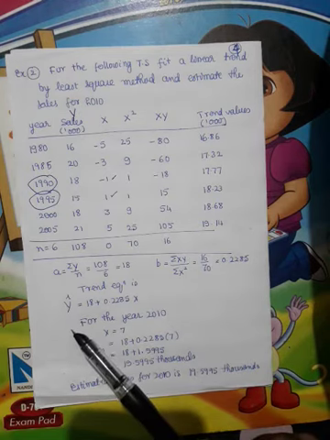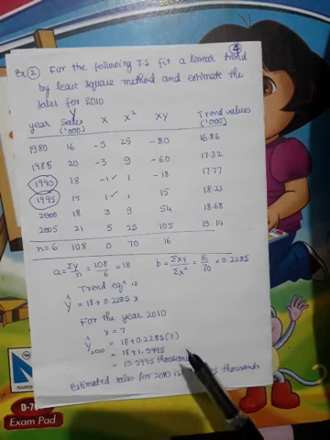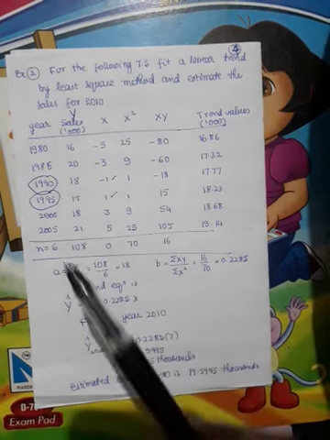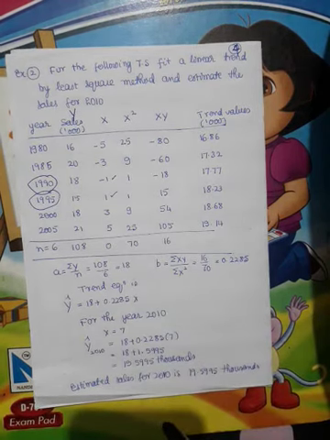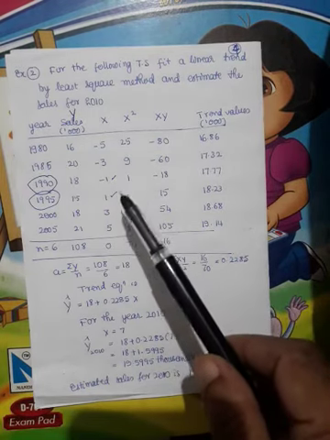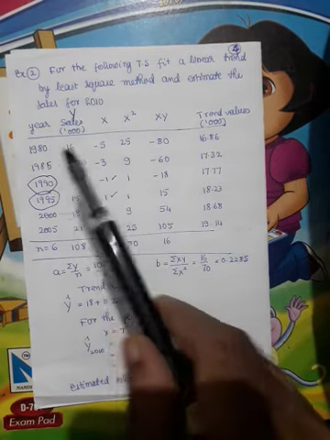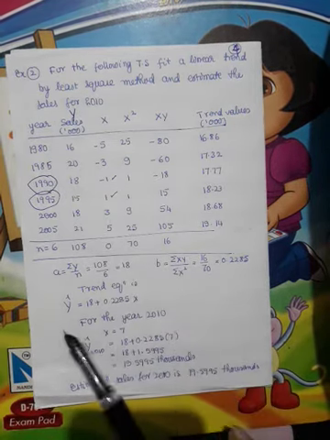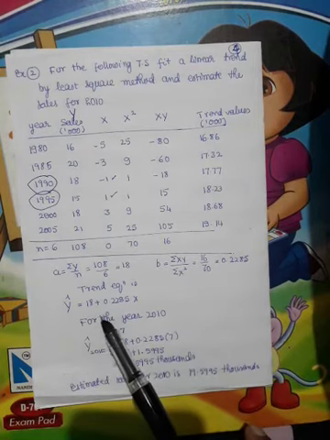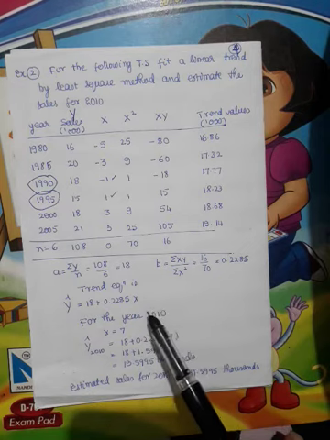For getting the trend values for the given years, 1980 to 2005, go on putting x is equal to -5, -3, -1, 1, 3, 5. So for 1980, put x is equal to -5. ŷ1980 is equal to 18 plus 0.2285 into -5.